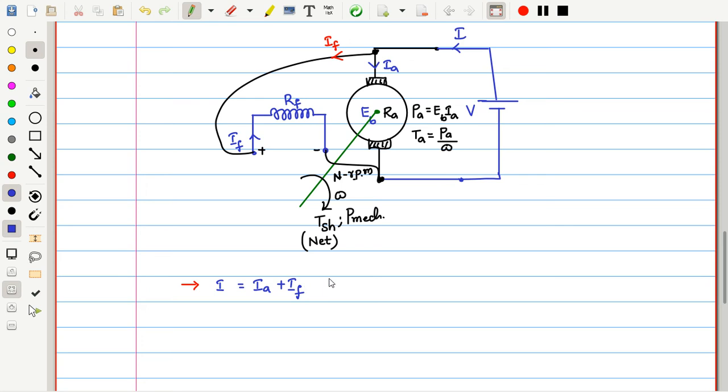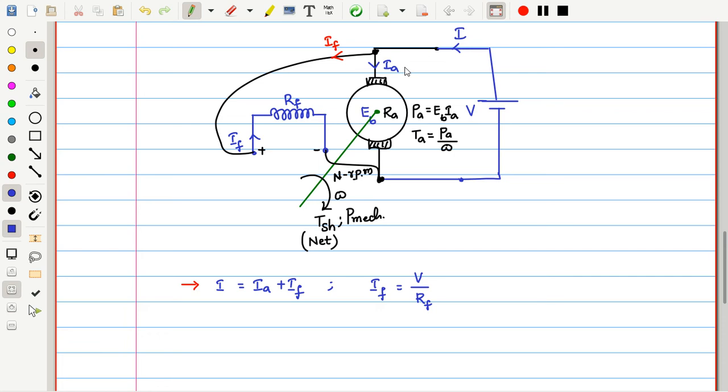And if we see carefully, the field current If is equal to the voltage across the field winding, which is the source voltage V, divided by the field winding resistance Rf. So V by Rf is the field current If. Usually this field current is very small, sometimes negligible. We may consider directly I is equal to Ia sometimes, depending on the given question.